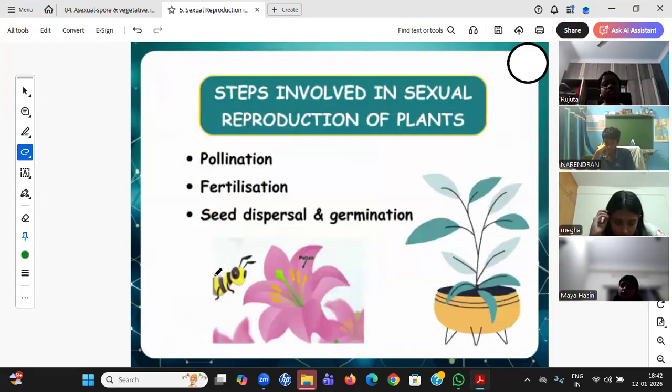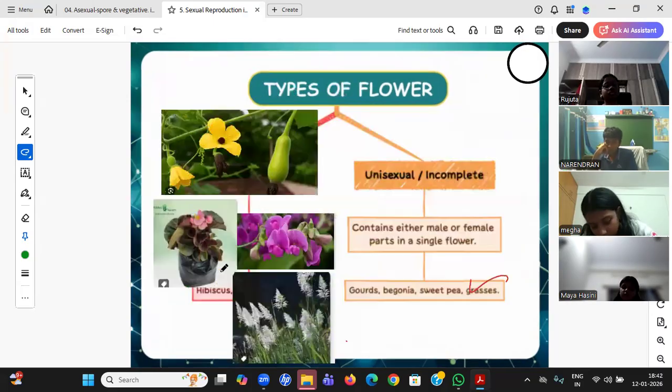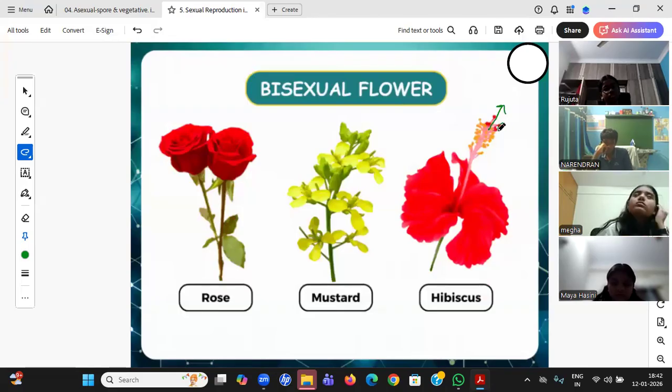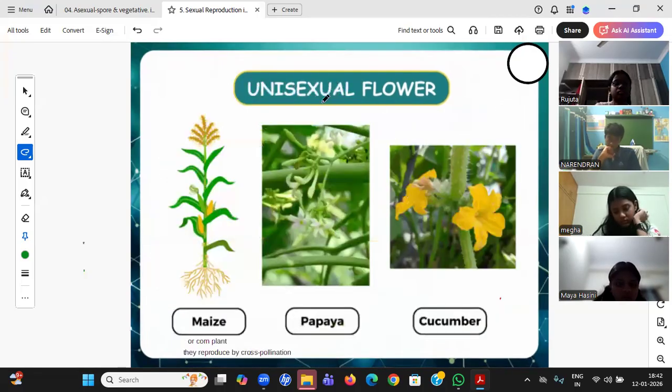Yeah, so now students, how are they moving? Now the question comes: sir, you said that in bisexual flowers there are some pistil and some stamen. How are the pollen grains moving from here to here? The next doubt should come: in a unisexual flower, there is only one part, right?